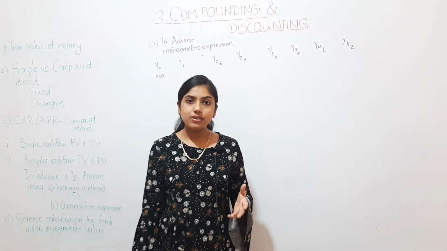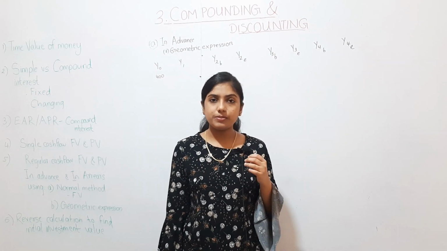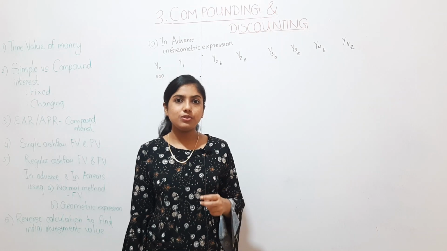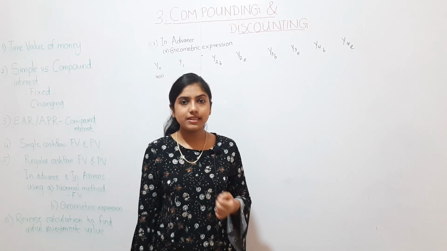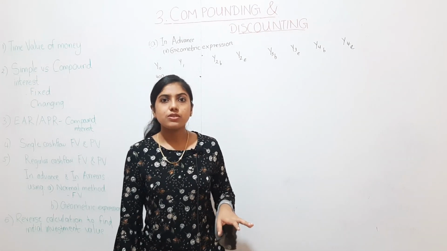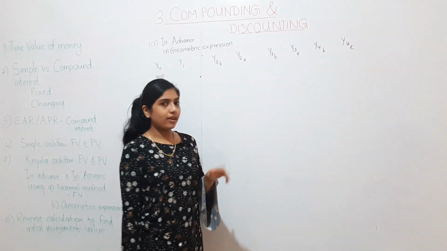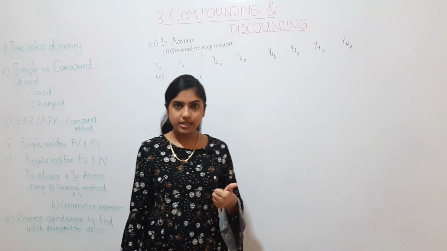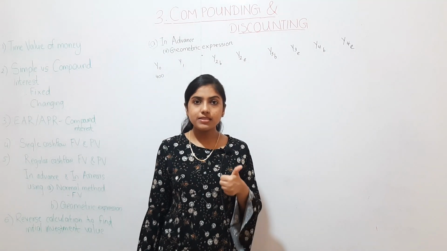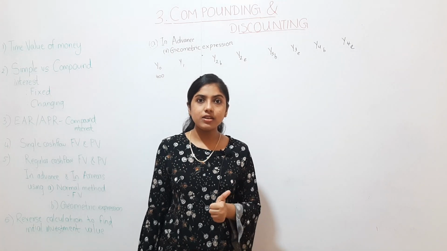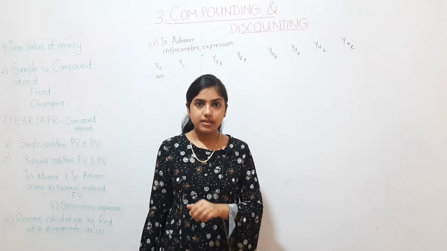Alright, now let's have a look at the second method that we could use when calculating payments in advance. Payments in advance means, just to recap again, payments made at the beginning of the period.